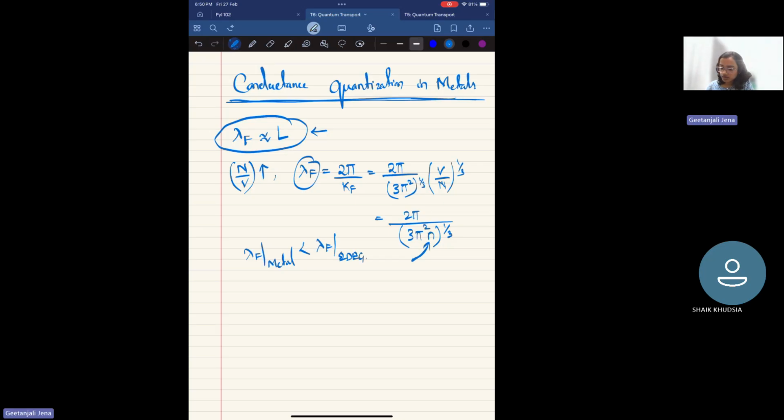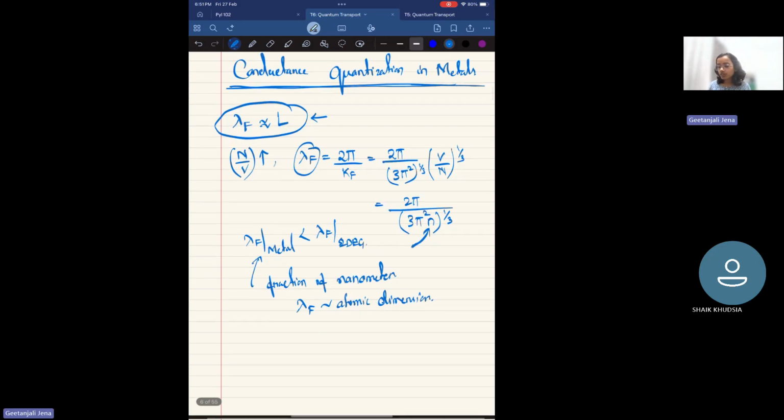We'll calculate one case where we can see that lambda F for the metal is of the order of a nanometer, some fraction of a nanometer. What does this imply? Lambda F is of the order of atomic dimension, of the order of angstrom.